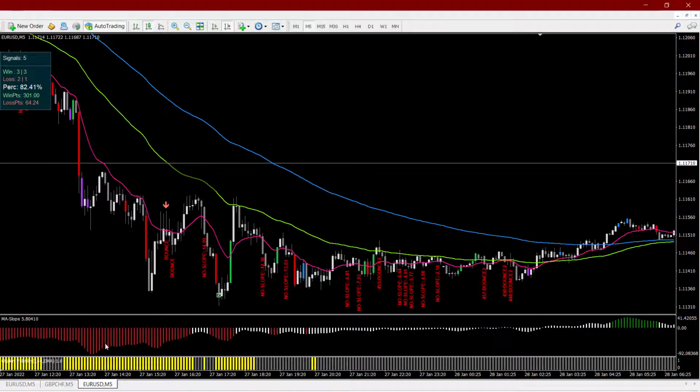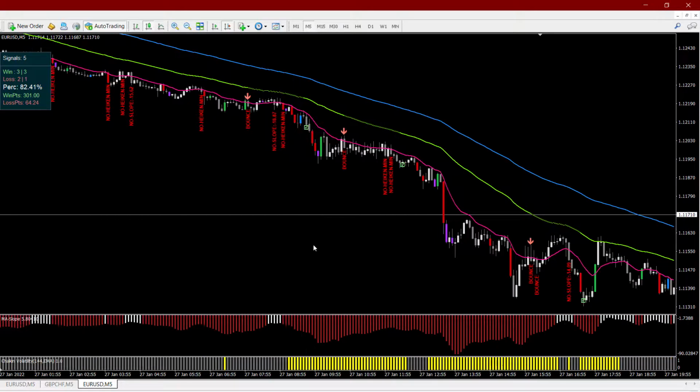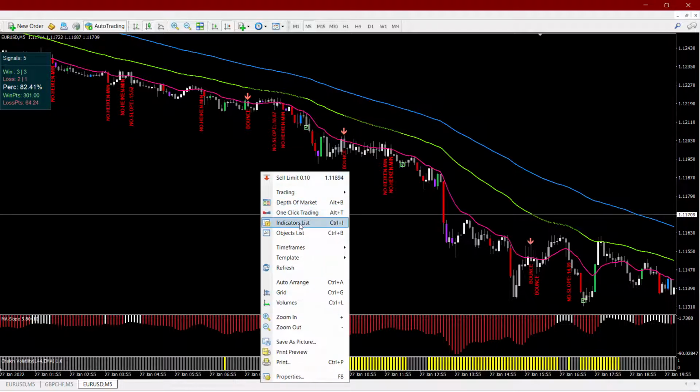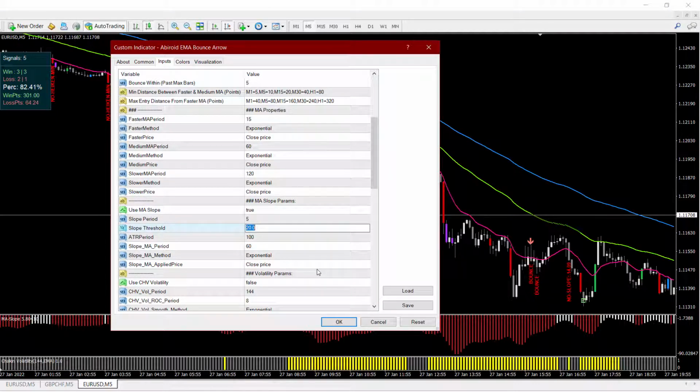So if the moving average angle is between 20, for downward trends it will check for threshold -20. For upward trends, it will check for threshold 20. And you can also change that right here. Change the threshold to maybe 30 or 40, then you will get a much steeper slope. Change this to 10 and it will allow smaller slope values as well.